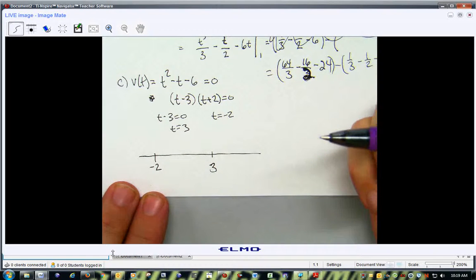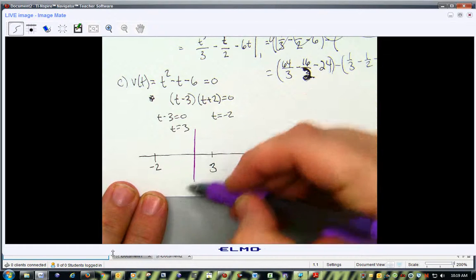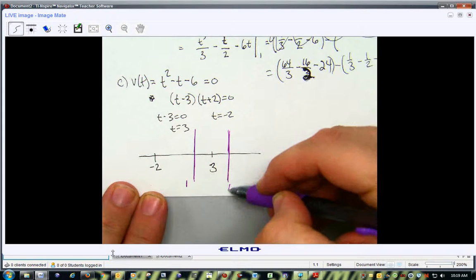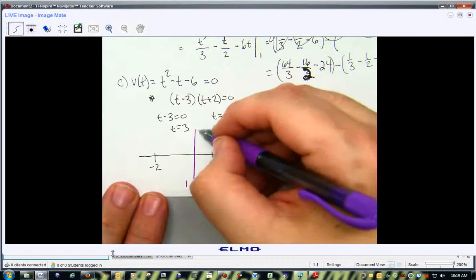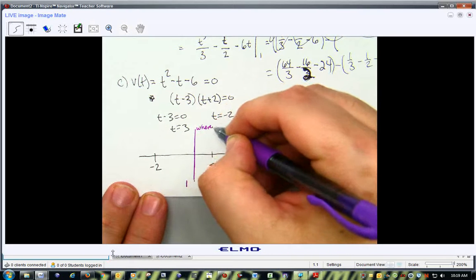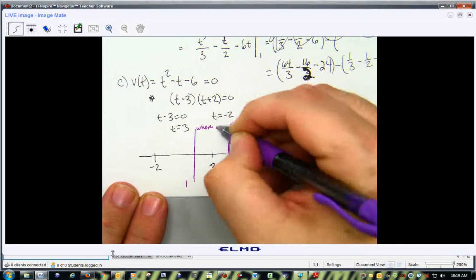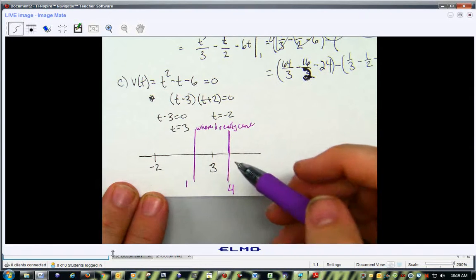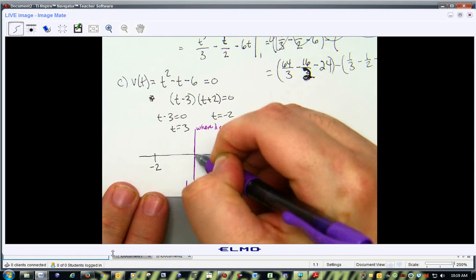So this is where I really care, between 1 and 4. So I'm going to pick 1 as a number, because I can use 1 as a test point, because 1 is in this region between negative 2 and 3.